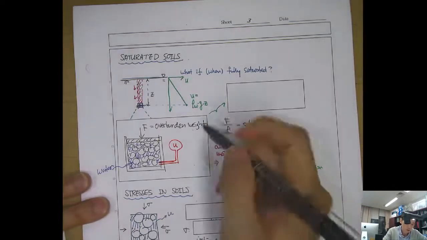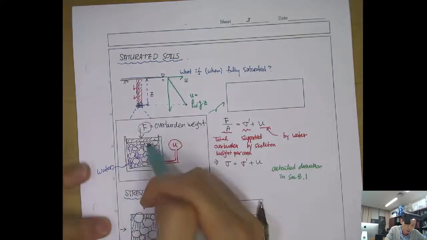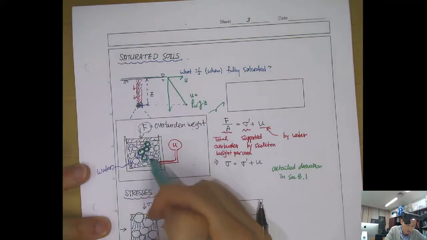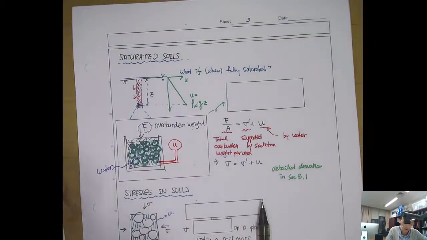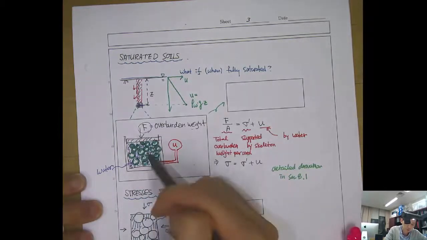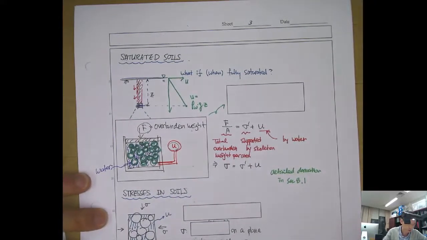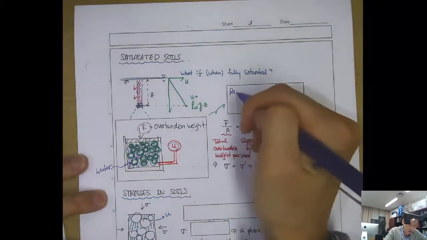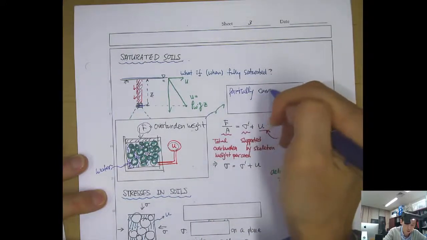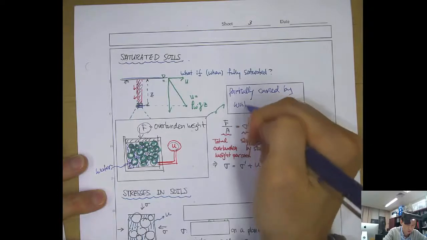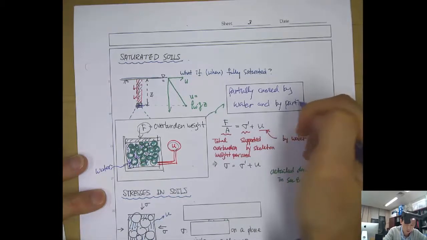Then the force F will be carried by the soil grains, right, through the soil grains, and also carried by this water, which is expressed as the water pressure u. So the overburden weight is partially carried by water and by particles.